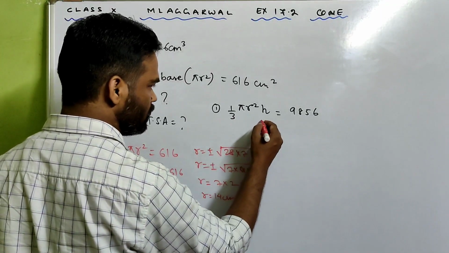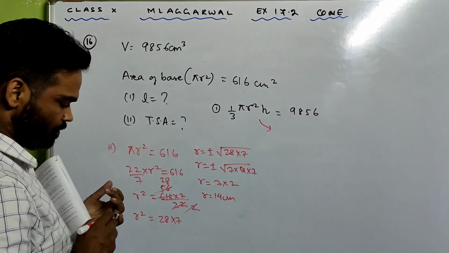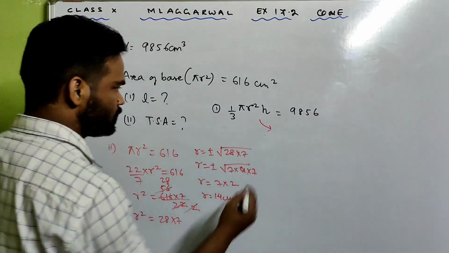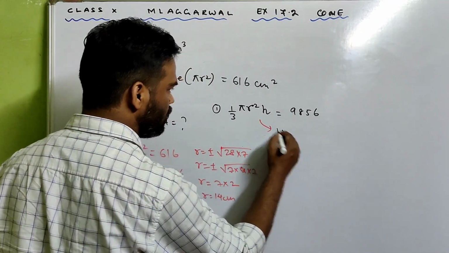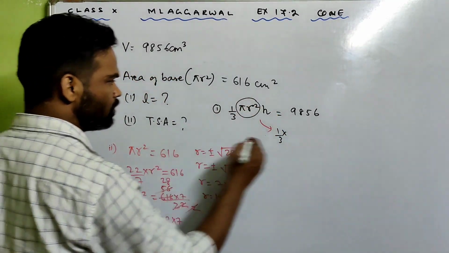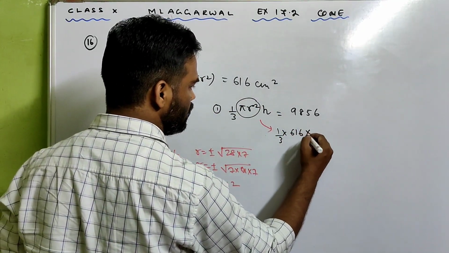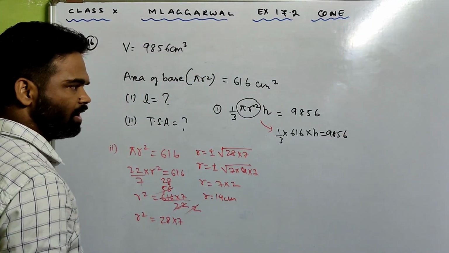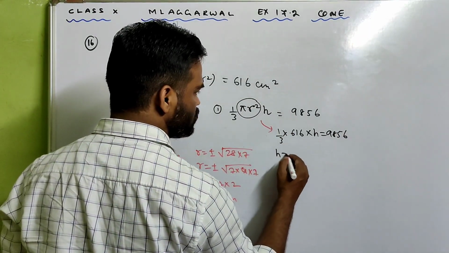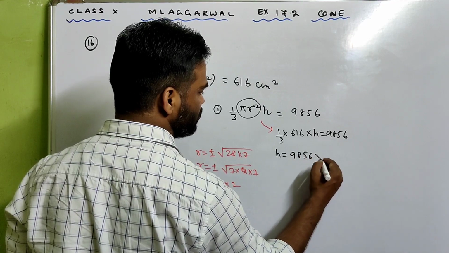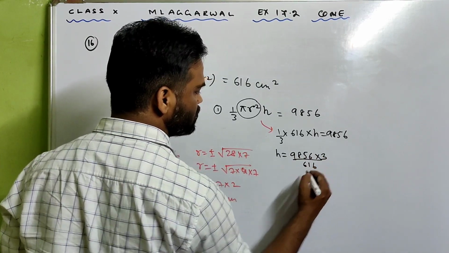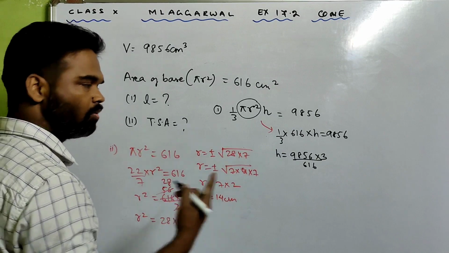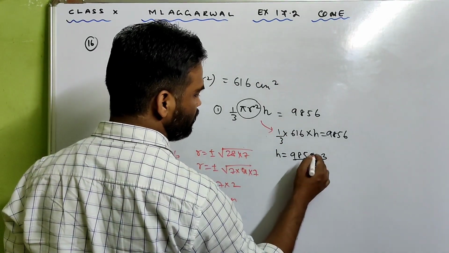Now look over here. 1/3 pi r square, whose value we know is 616, into h is 9856. I can write like this, which means h will be 9856 multiplied by 3 by 616. Simplify this.